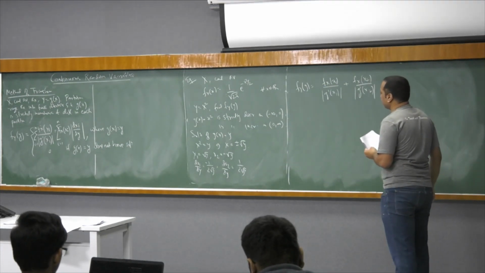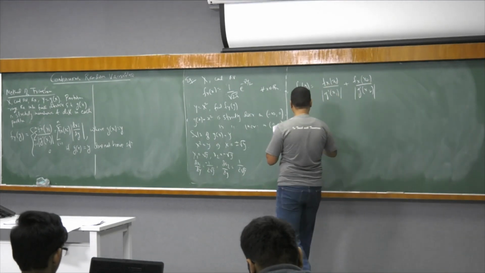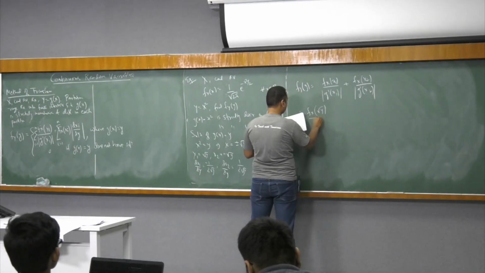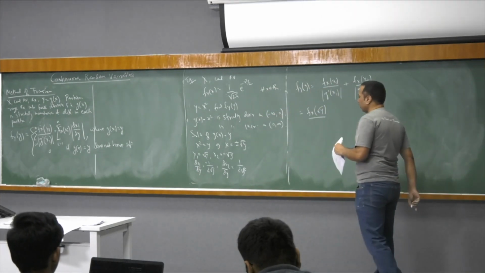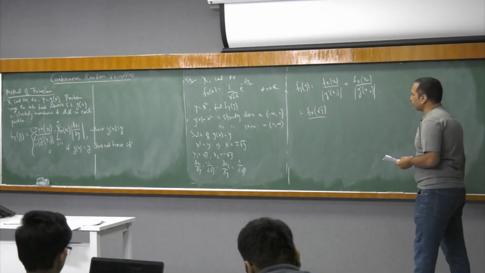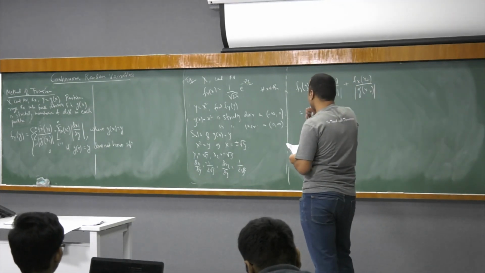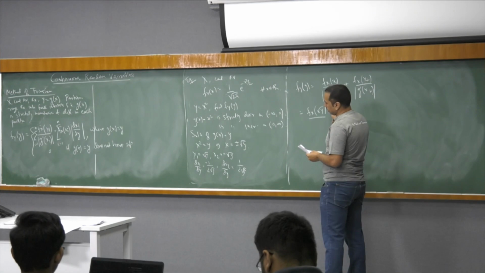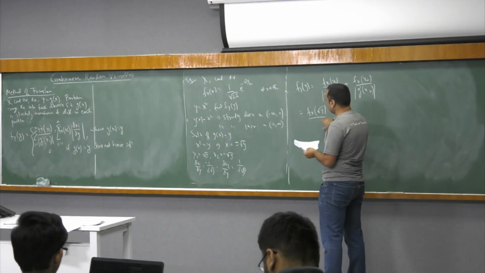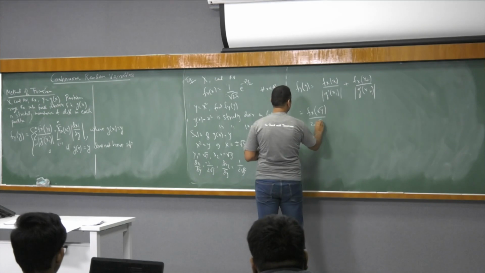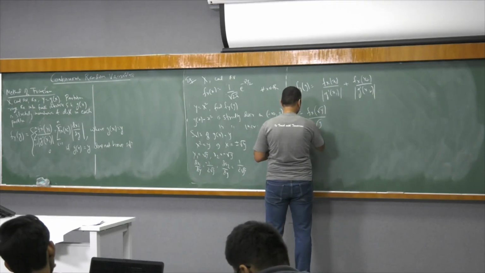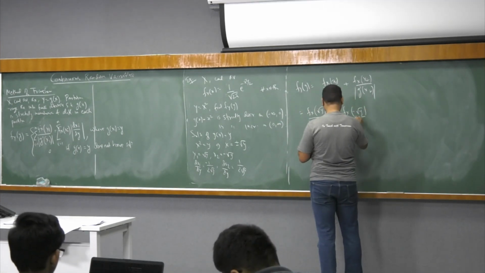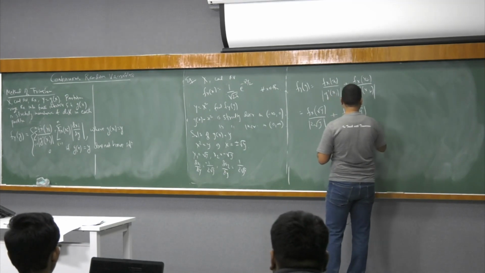Now x1 is plus square root of y, so this is f_X of square root of y divided by, for g prime of x1, we write dx1 by dy, and mod of that. So in the denominator we have 2 square root of y, and then f_X of minus square root of y by mod of minus 2 square root of y.